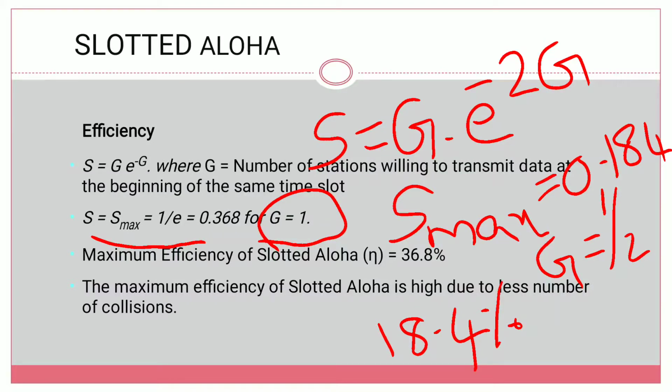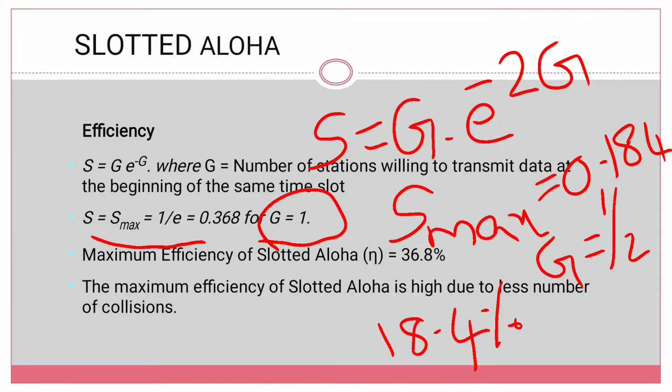When compared to pure Aloha, here the time is slotted, meaning the time is divided into discrete intervals called slots, and another important point is each and every station must start transmitting data at the beginning of the slot only. By using this principle we avoid the chances of collisions.